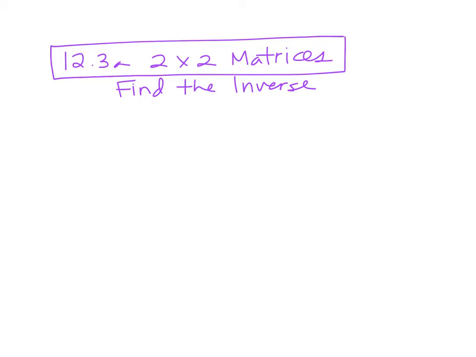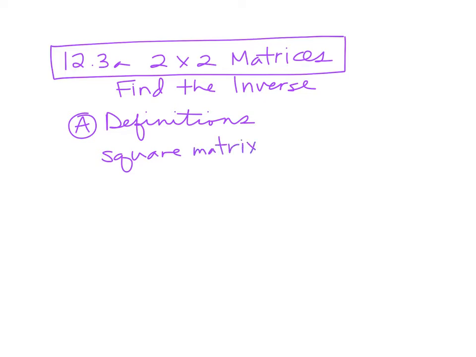So we're going to start with a few definitions. The first is, what is a square matrix? My guess is you can probably stop and think through what this might be.